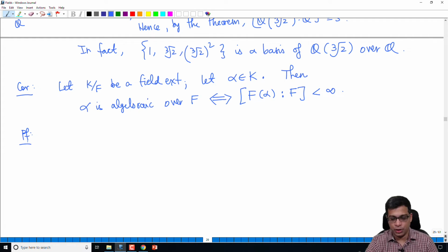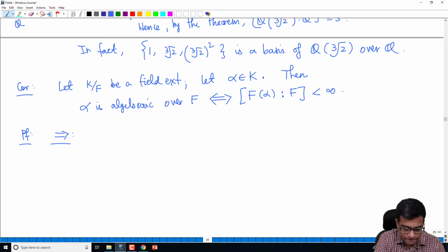This is a very simple corollary of the theorem we proved, but it's an extremely useful way of checking whether something is algebraic or not. Actually this is easy to prove whether you have the theorem or not. So let's prove this.